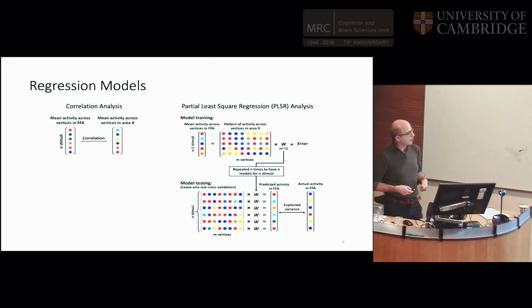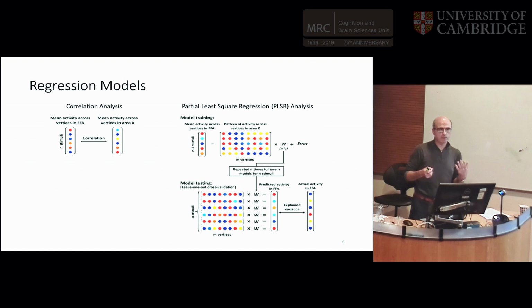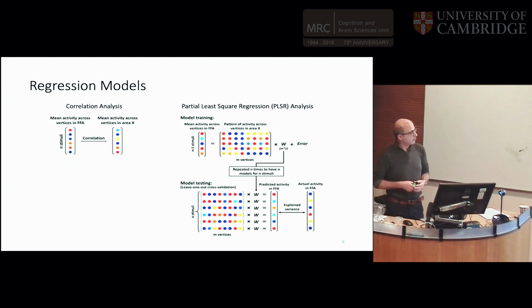You get a vector of predicted activity in FFA. You also have the actual values in FFA, and then you can measure how these two are correlated. So we used an explained variance measure to compute the accuracy of the model in predicting the mean response in FFA. So this is a simple regression framework.